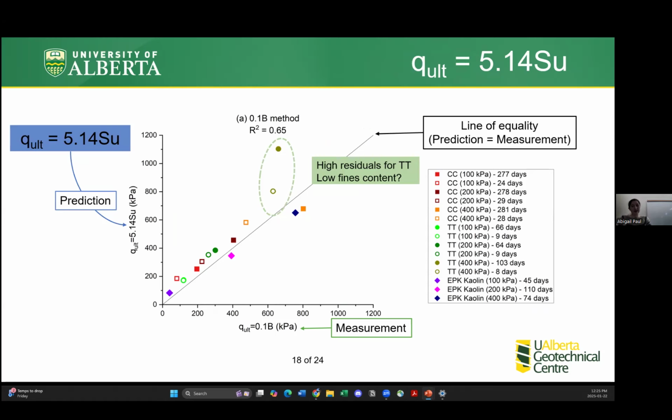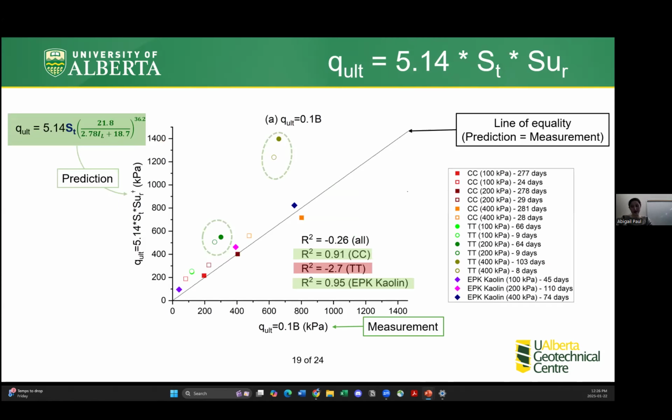My hypothesis here is that, if you recall, the thickened tailings had a much lower fines content relative to the other types of materials, and that seemed to be the most significant difference from the characterization. So maybe that's causing a different pattern of behavior, but I didn't specifically investigate that.